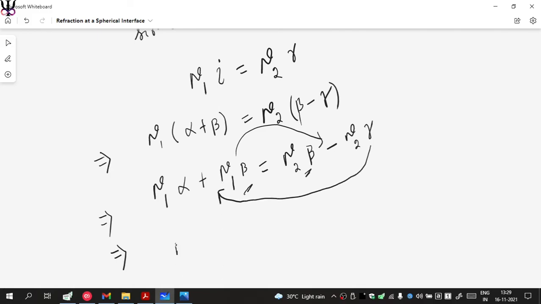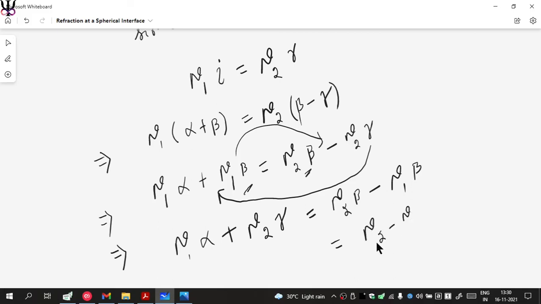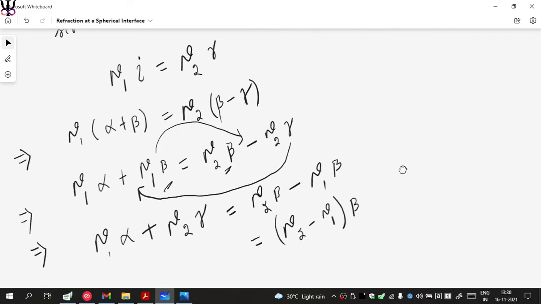That means mu1 times alpha plus mu2 times gamma is mu2 times beta minus mu1 times beta. Taking beta common, we get mu2 minus mu1 times beta.